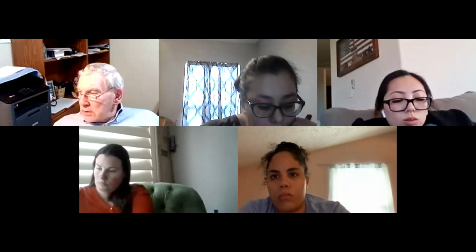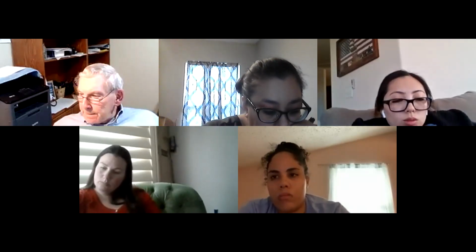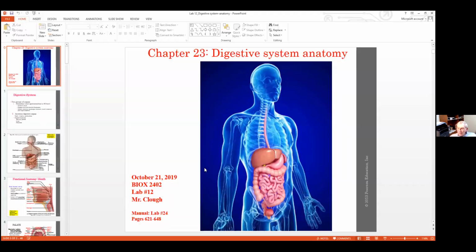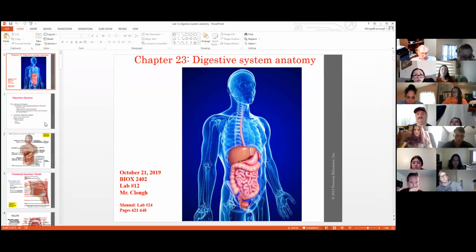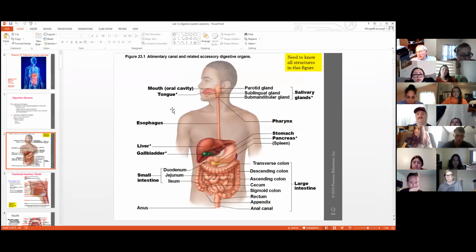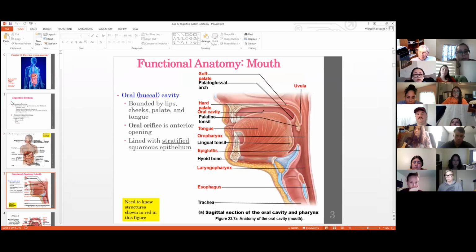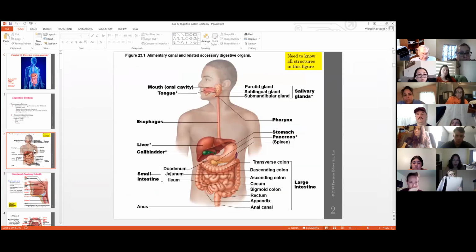The digestive one. Surely we know all these organs by now. Here shows us part of the tonsils again.